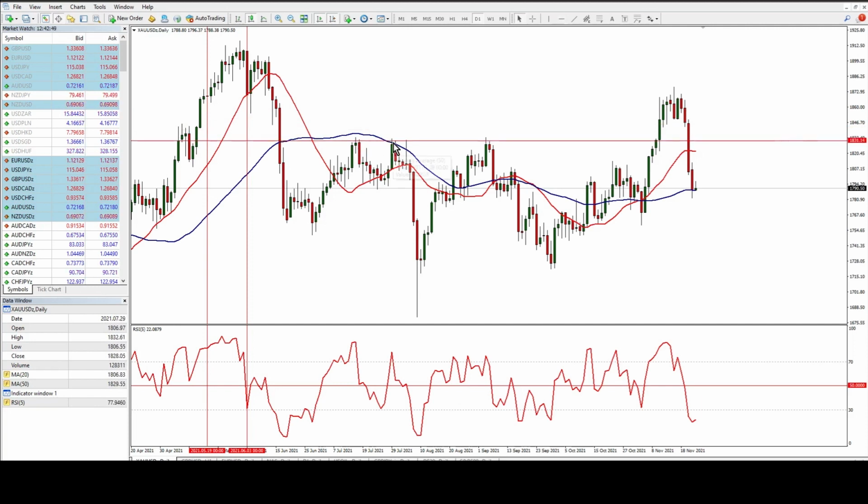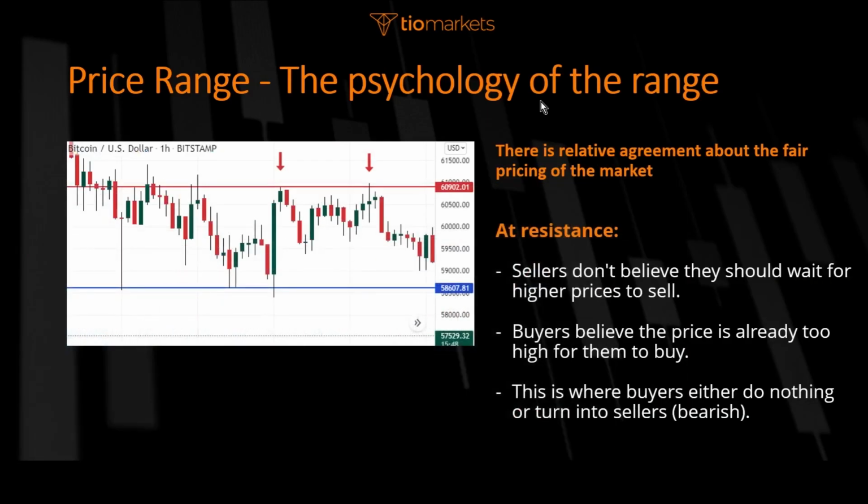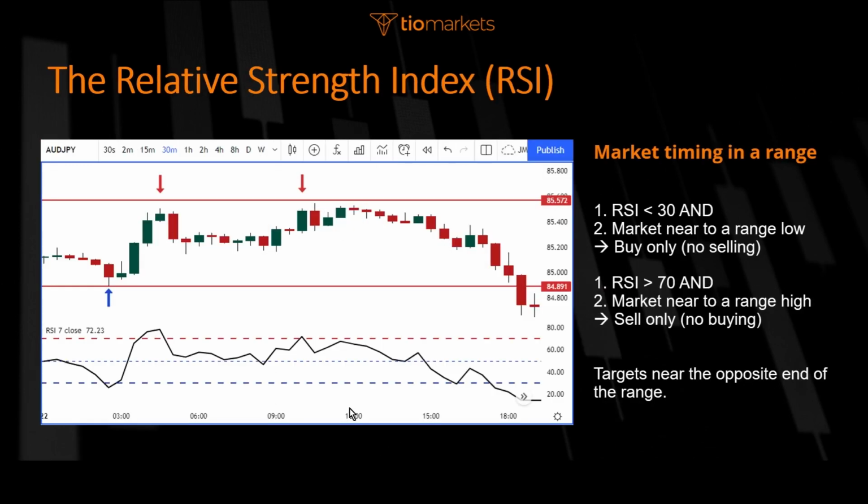So the market moves to a resistance, and that's where the buyers don't believe in this market anymore. That's where RSI turns lower, price drops, and the RSI follows the price. So basically, that's what happens in the market. The indicators don't move the price, it's the price that moves the indicator.